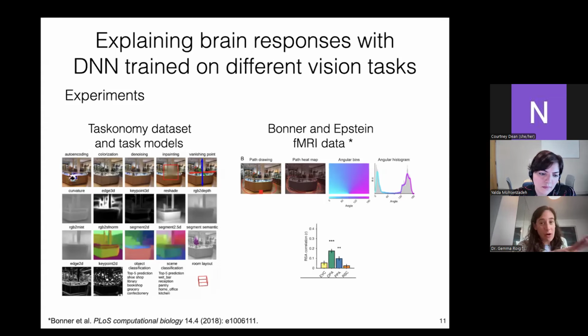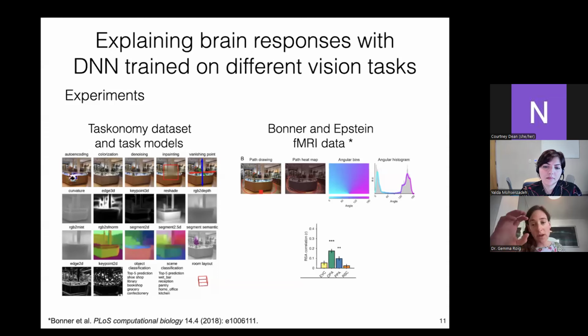And this is on the model side, and then on the fMRI data side, we had data from a collaborator, Mick Bonner and Einstein data, that use these indoor scenes that are disjoint from the taxonomy dataset, but still from the same data distribution, because both are indoor scenes, that they used for studying navigational affordance in an fMRI study.